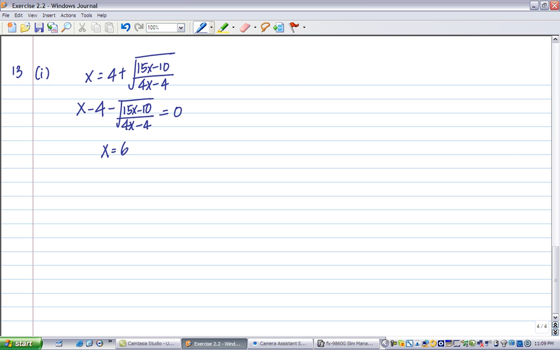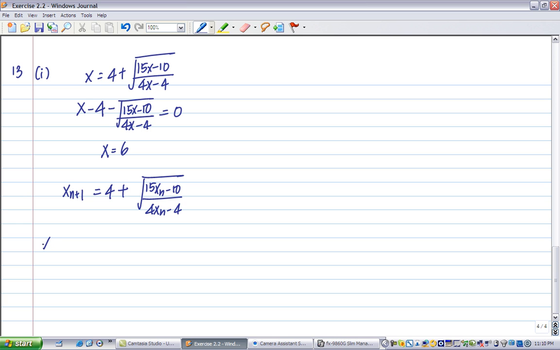Now they ask you to solve the values of x over here. Now they want you to find the value of L. How is this related to the limit L? This is the same type of question that we're solving over and over again. Let's say that you are given the recurrence relation, given in the question, 15xn minus 10 over 4xn minus 4.